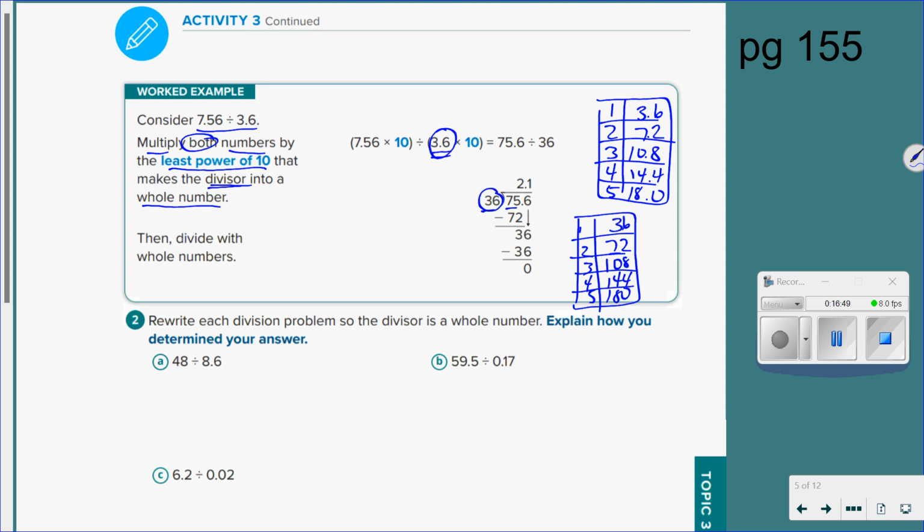Does that make sense? So again, it comes down to what makes sense mathematically. Dividing by decimals doesn't make sense, so we don't do it. Especially when it's really easy to get rid of the decimal, right? I can look at it and say I have 1 decimal place, so I'm going to multiply by 1 power of 10, or 10. But if I do it here, I also have to do it here to keep it equal.